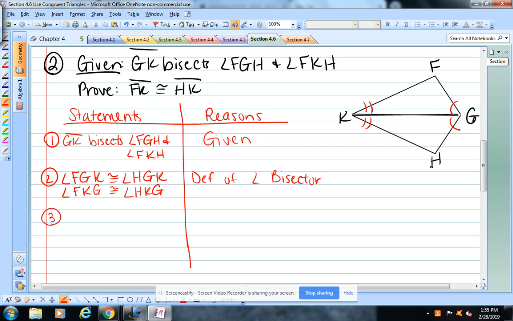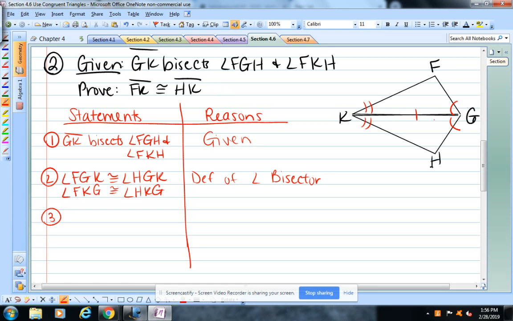All right, what else can I say about those two triangles? Say it again. Yeah, they share a side, so obviously that side's congruent to itself, right? Can't say that. That's what I'm trying to prove. Y'all are saying stuff that we can't say.